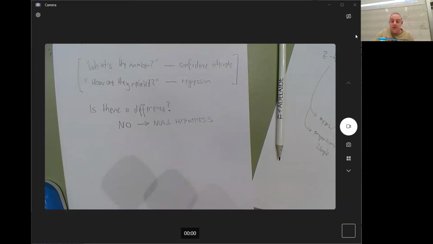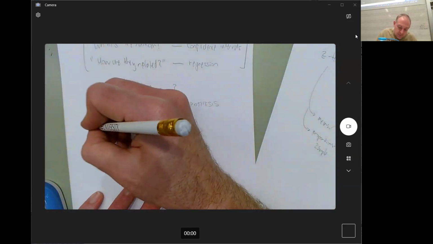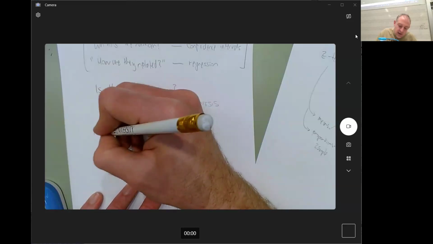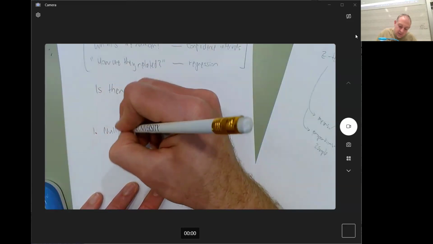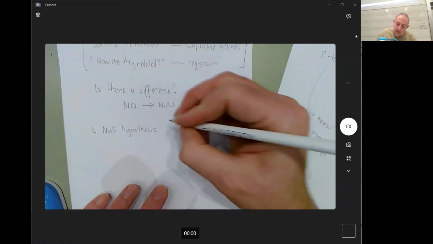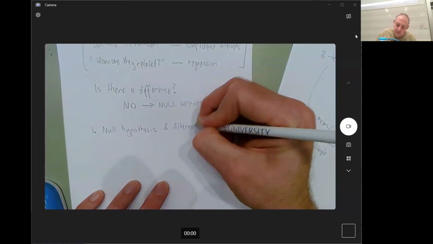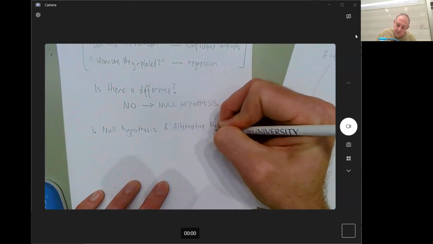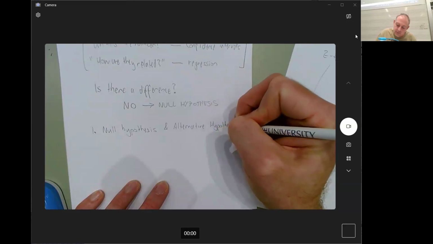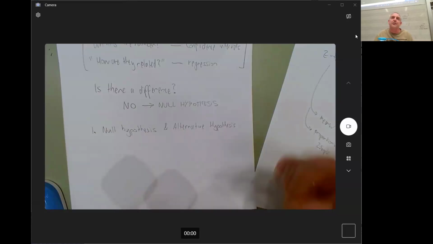But the steps are this. So step 1 is to make a null hypothesis. And also an alternative hypothesis. Which is the other answer. The null hypothesis is no, the alternative hypothesis is yes.